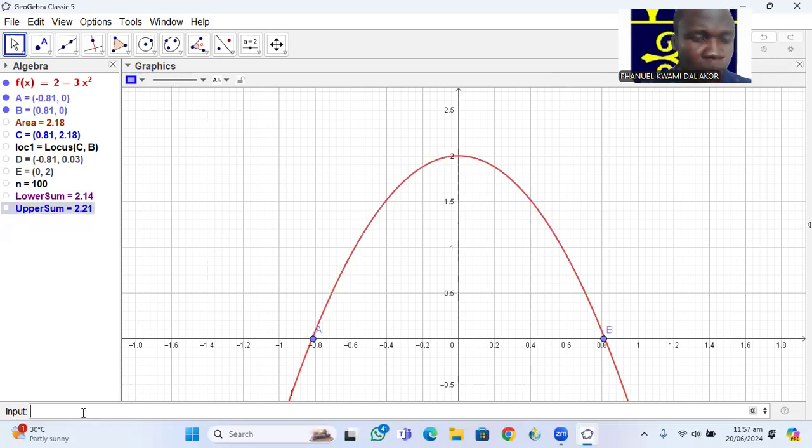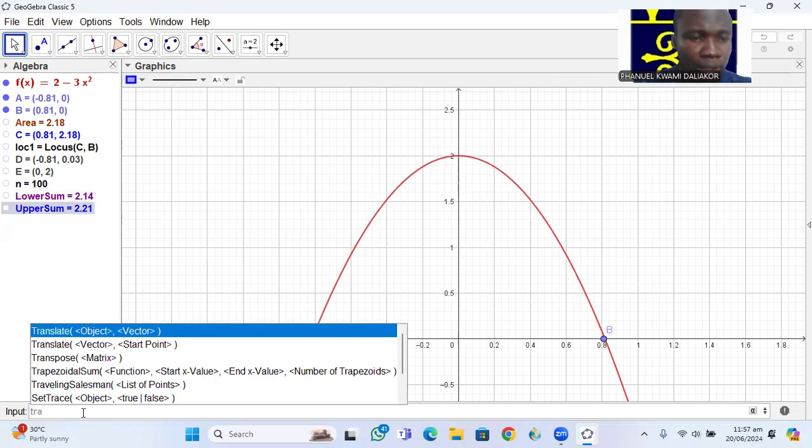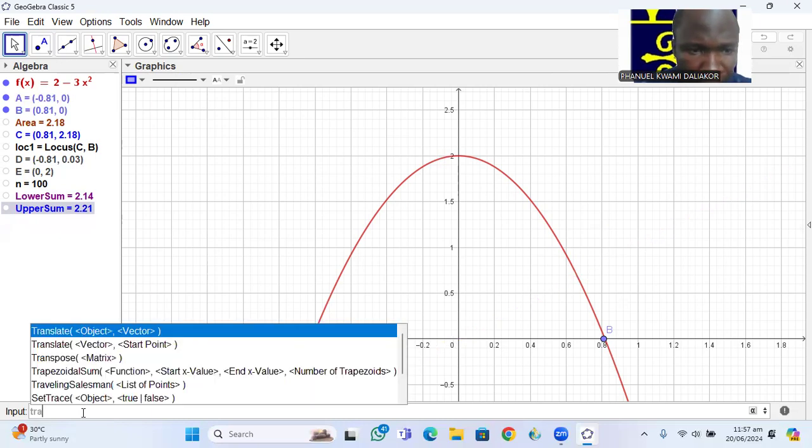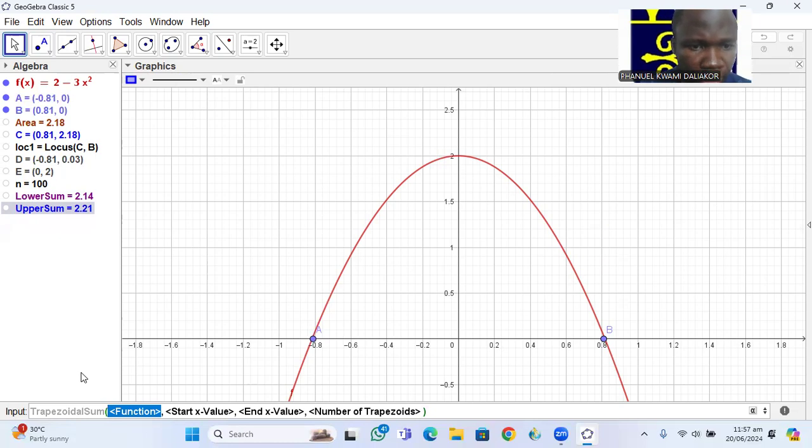Okay, so we move on to the trapezoidal sum. Now we enter our function, and our start value is x into bracket capital A, and our end x value is x into bracket capital B. The number of trapezoids will be what?